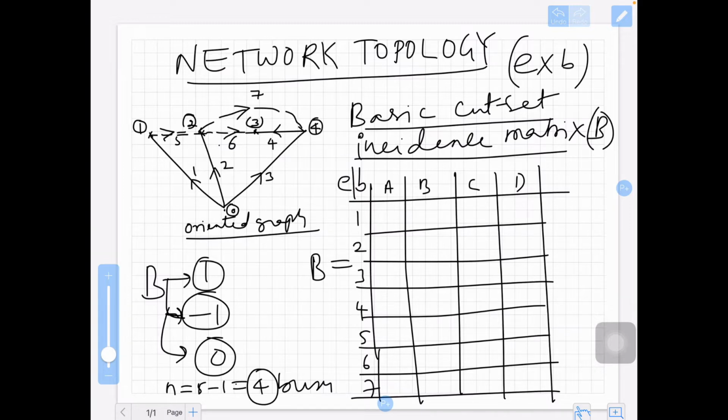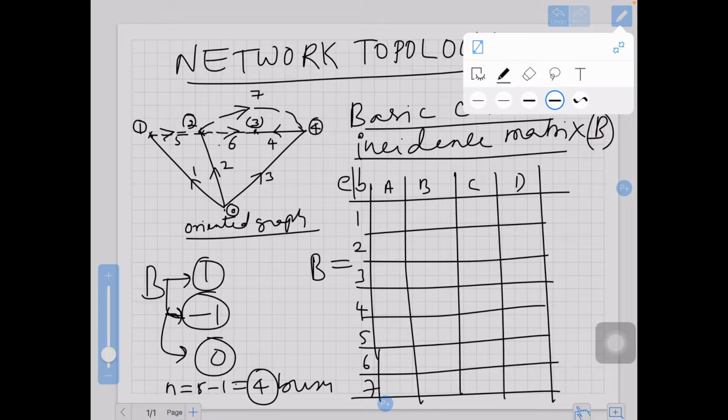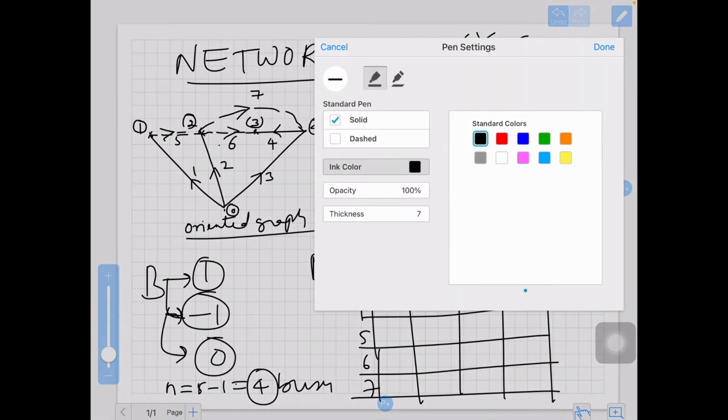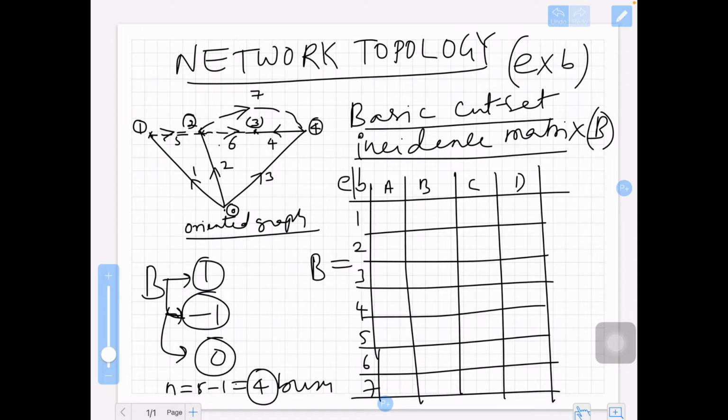So the first bus, I will take red color, so that will be more appropriate to mark the basic cut set. See here, this is one basic cut set. When we consider this basic cut set, it includes only one branch and any number of links.